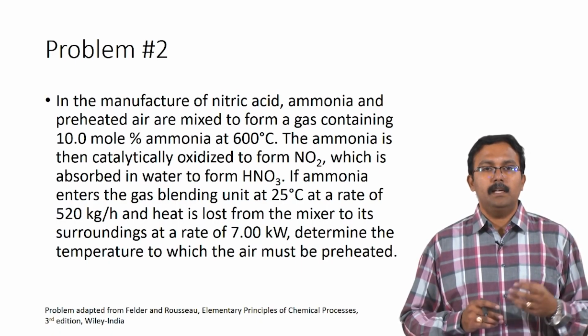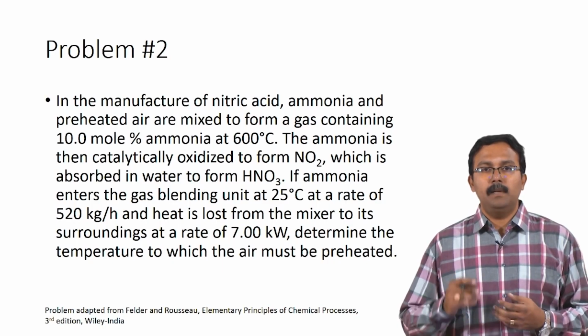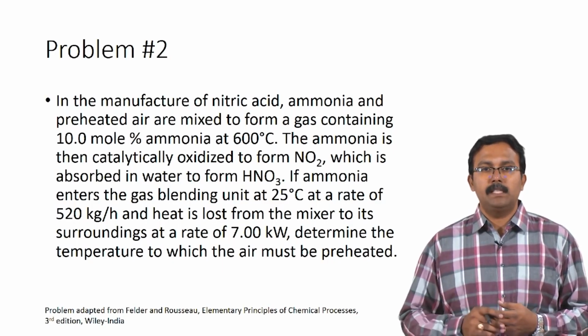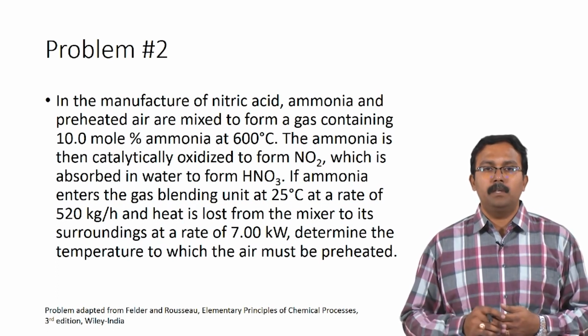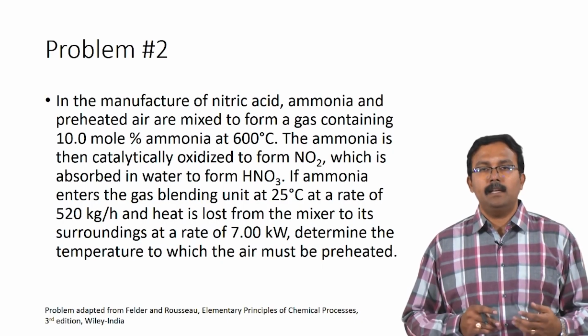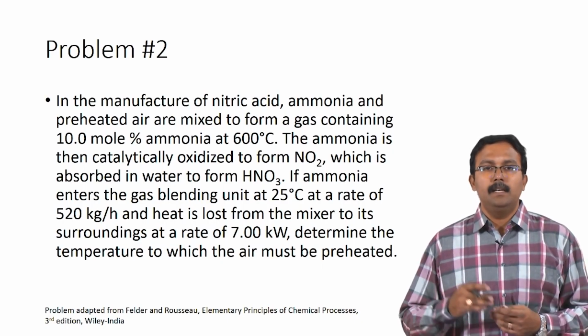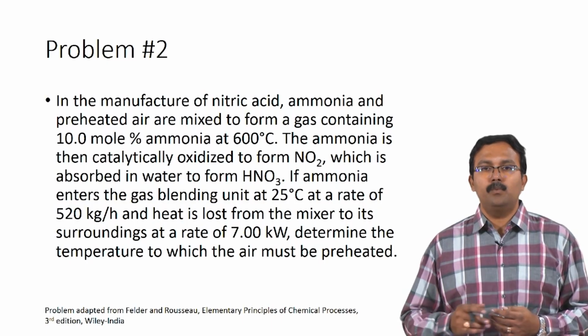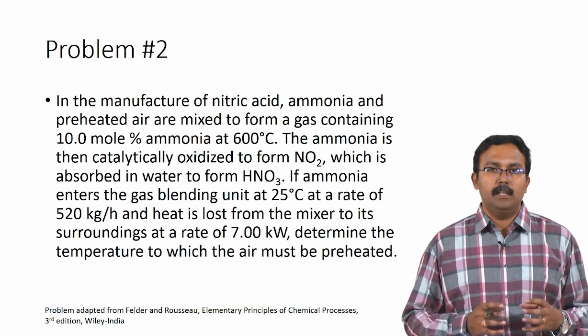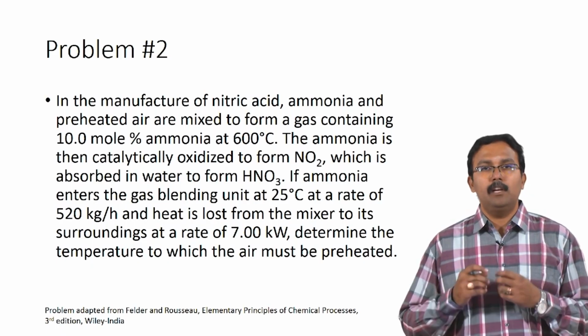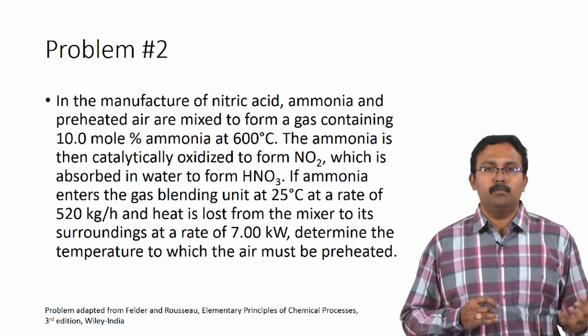If ammonia enters the gas blending unit at 25 degrees Celsius at a rate of 520 kilograms per hour, and heat is lost from the mixer to its surroundings at a rate of 7 kilowatts, determine the temperature to which air must be preheated.